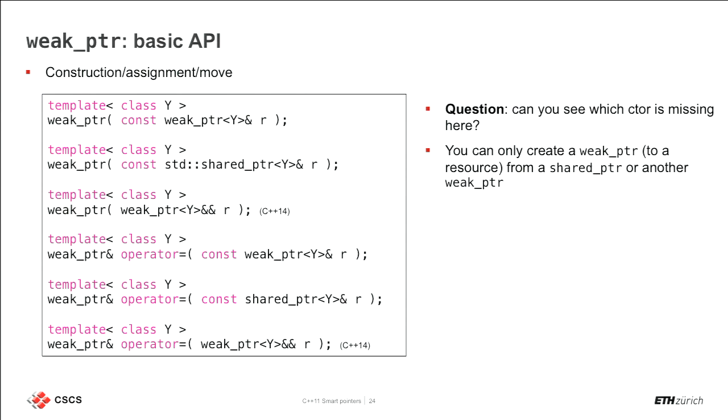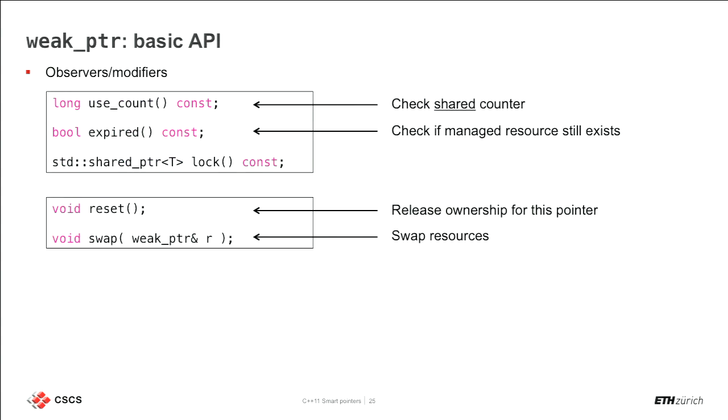So using the copy constructor, or another assignment operator, or maybe another constructor that takes in input a shared pointer, so that you cannot create a weak pointer to a new memory location. You can only create a weak pointer to an existing memory location that is already shared by another shared pointer or weak pointer.